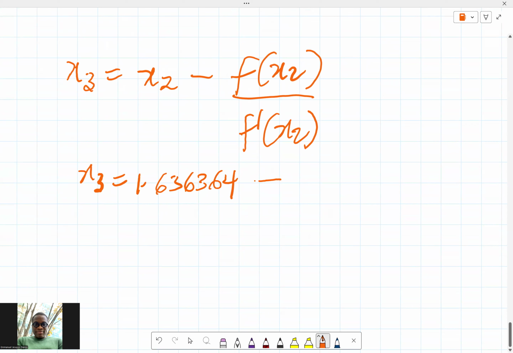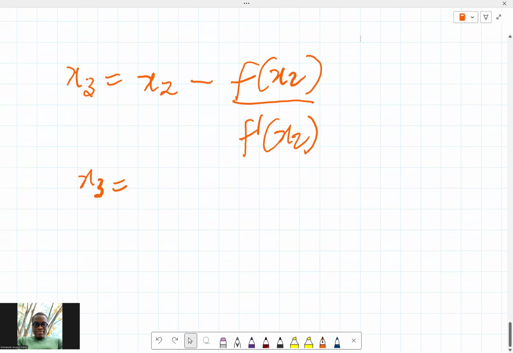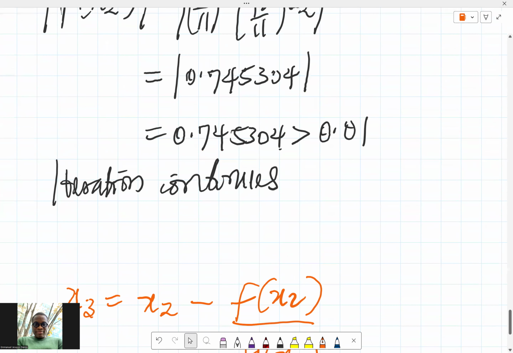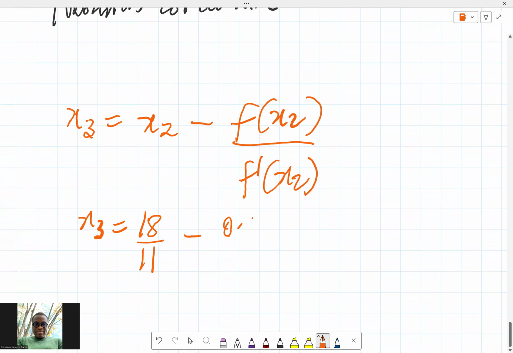Okay, I mean, fraction seems more beautiful here. At least we can still use fraction. So let's just go for that. So it's the same as 18 over 11 minus f of x2, which we already got to be 0.745304.